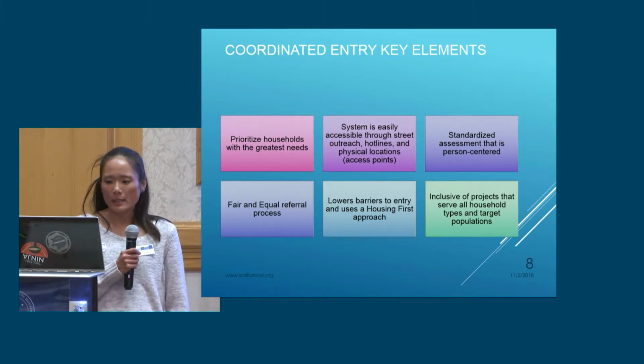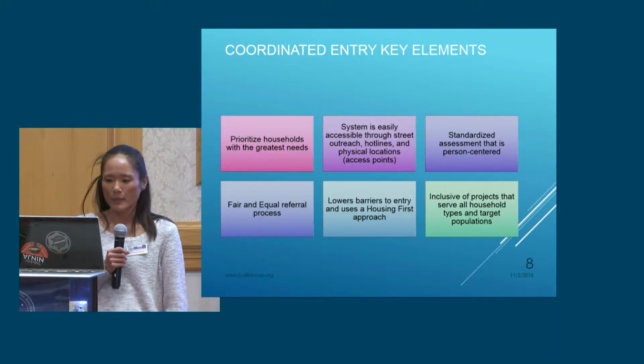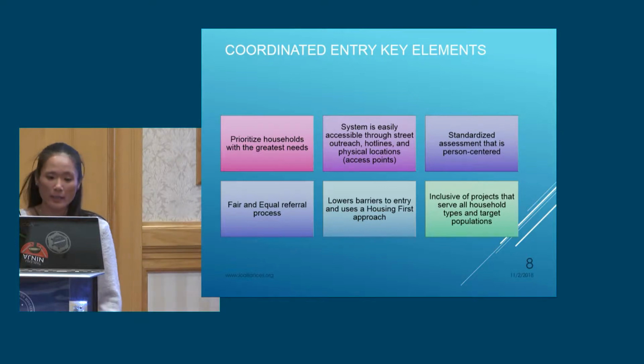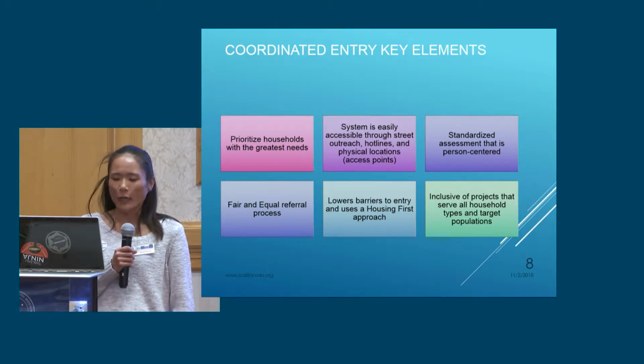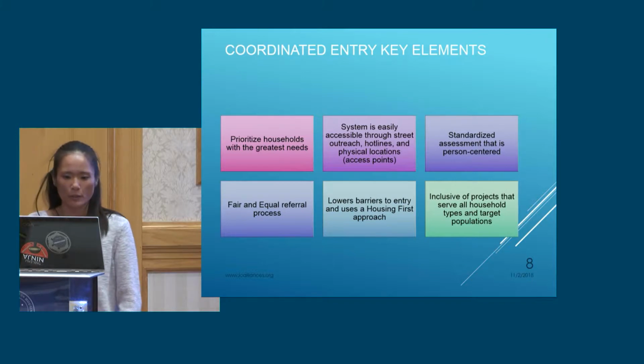The system is easily accessible to those needing its assistance and is well advertised. The assessment process is standardized, trauma-informed, and client-centered. The overall process ensures fair and equal access across the system. Barriers for households to access resources are limited, and the overall system moves towards a housing-first approach.